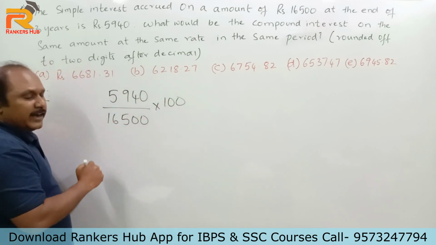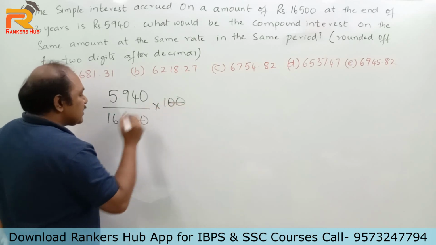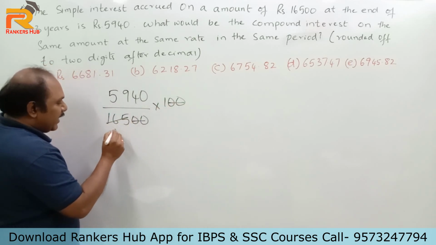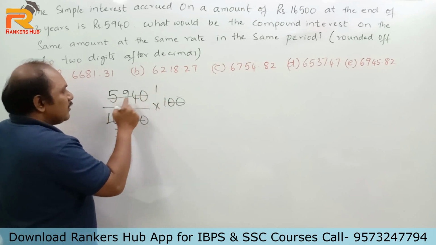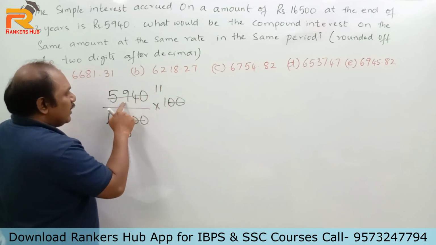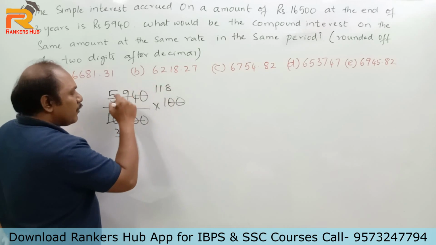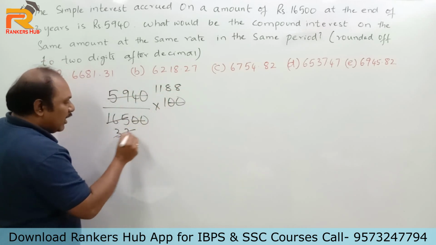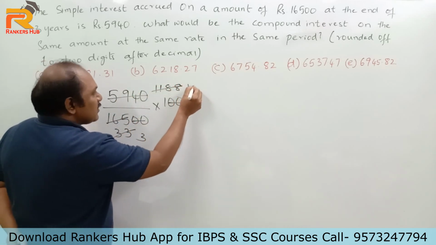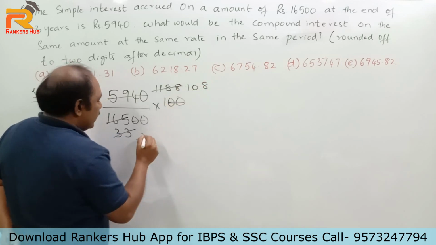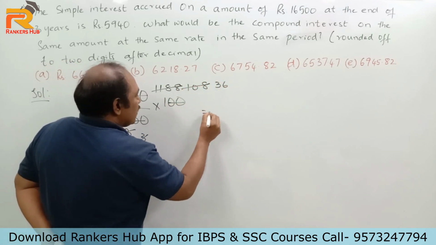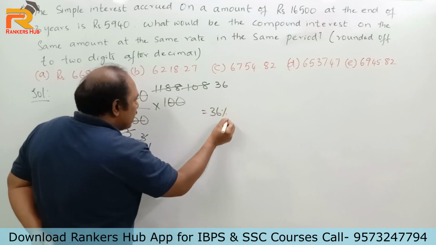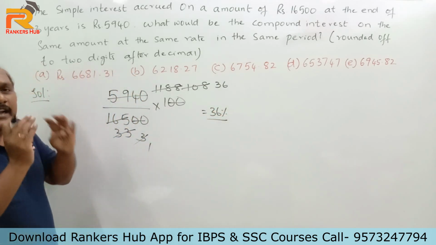So I am going to find out the rate of interest earned. So 2 zeros cancel, 5 threes are 15, 5 ones are 5, 44, 5 eights are 40. Now 11 threes are 33, 11 ones, 0, 8, 3 ones, 3, 36. So the total rate of interest that is earned for 3 years is 36%.